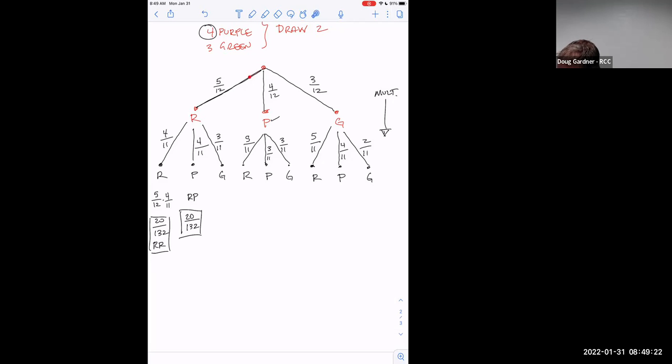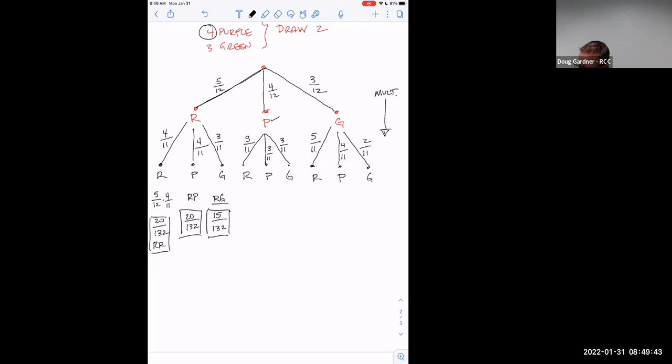But for a red and then a green, that'd be 5/12 times 3/11. That'd be 15. So this would be a red and then a green. Notice that's less likely.